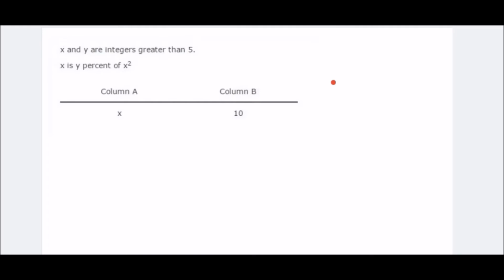Here is our next question. X and y are integers greater than 5. X and y values are greater than 5. And next, x is equal to y% of x square. So move down. For column A we need to find out the x value, and column B is already given as 10. We'll make this equation simpler.